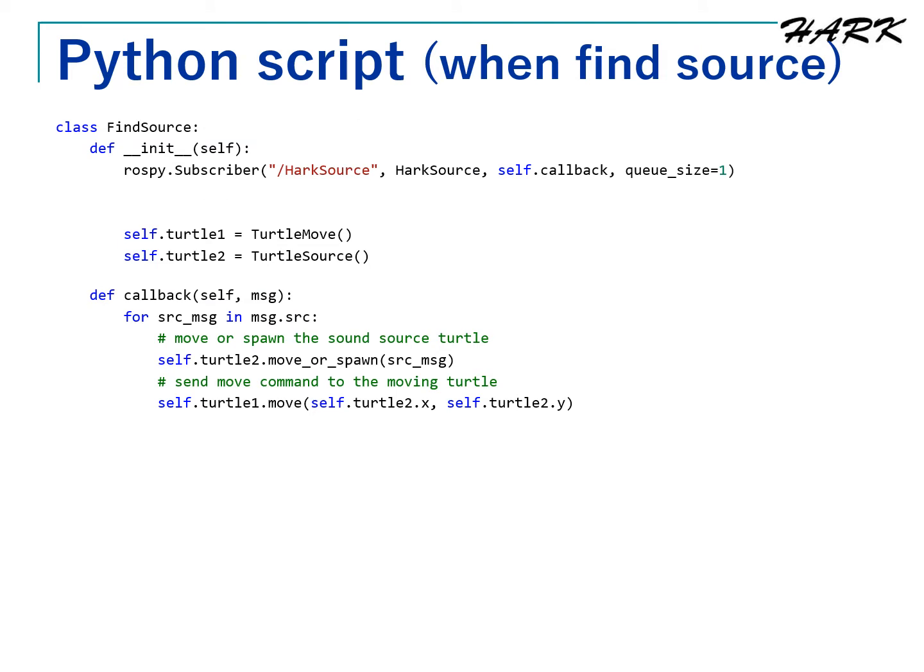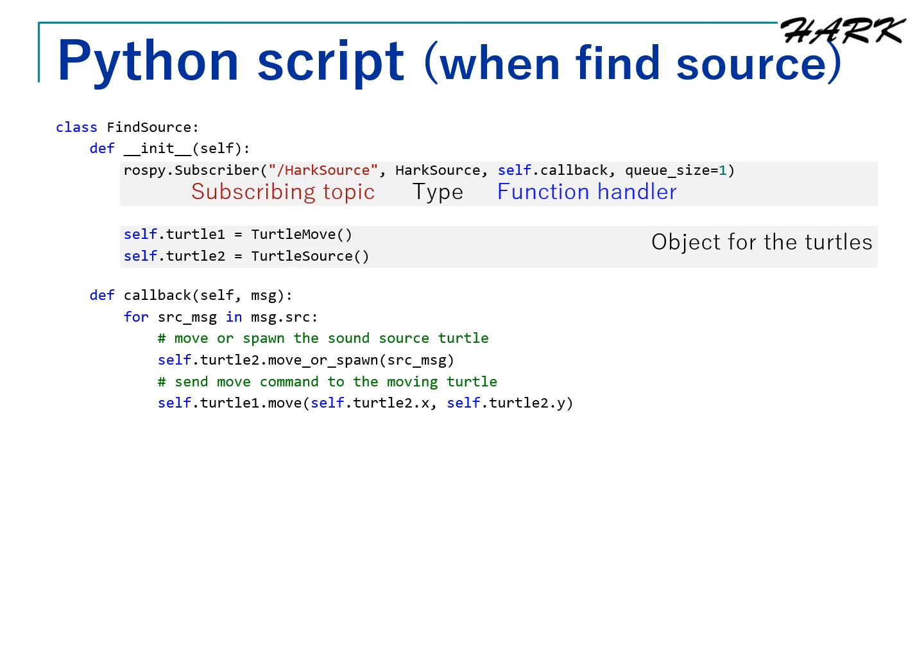The Python script on this page implements a function when sound sources are found. The first block is the constructor of the object that implements the function. As on the previous page, using the rospy.Subscriber method, the name of the topic, the data type, and the function handler are registered. In addition, we create two turtle objects.